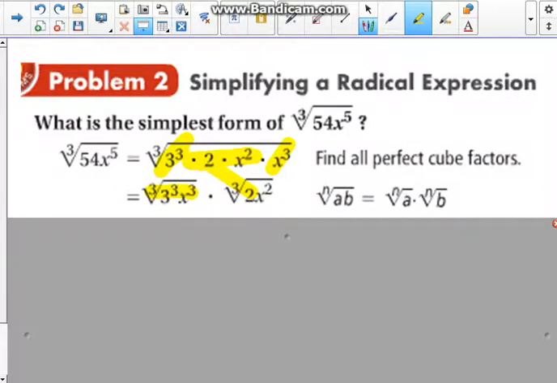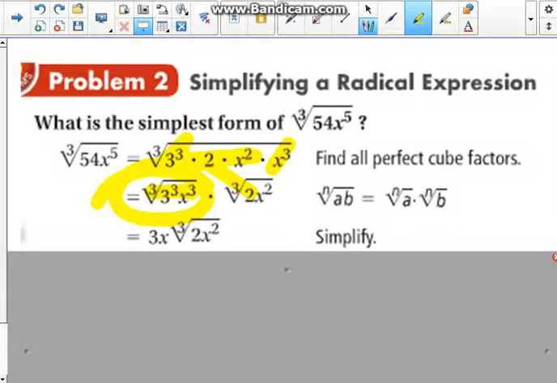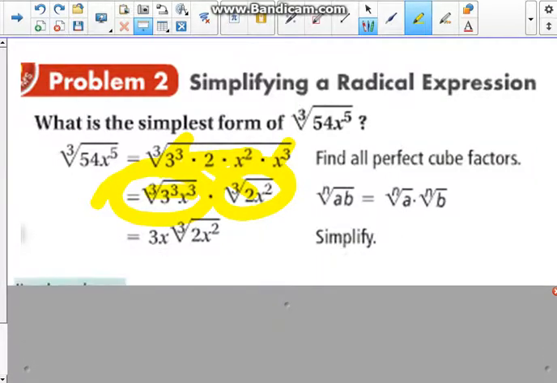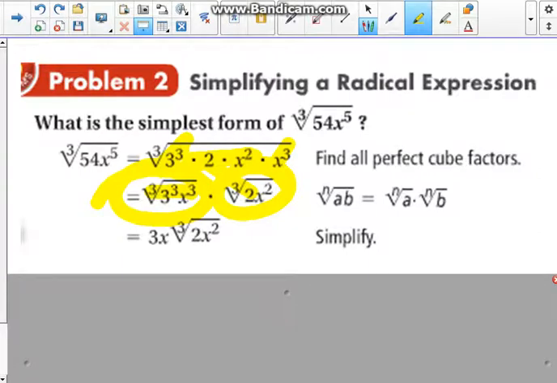Then we want to clear this out and simplify that to 3x, and we're left with the cube root of 2x squared. So that is our final answer, 3x times the cube root of 2x squared.